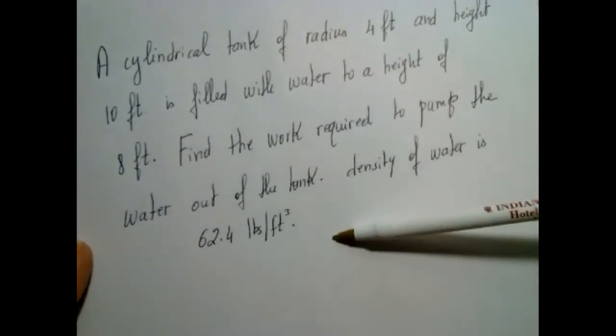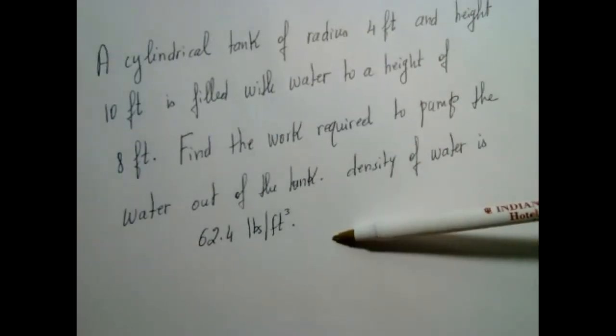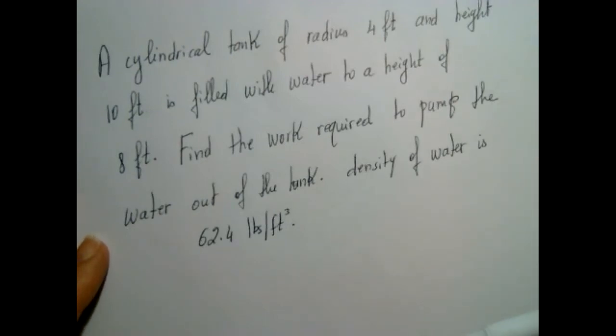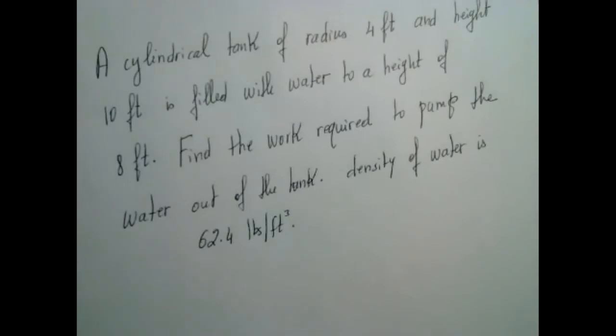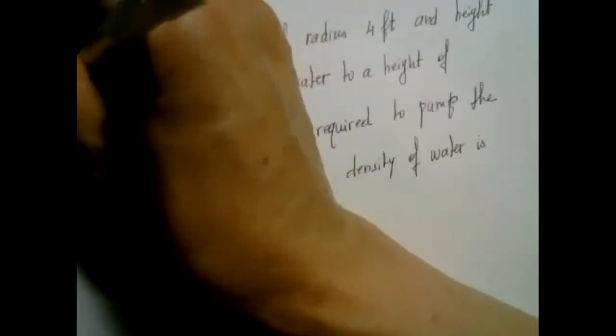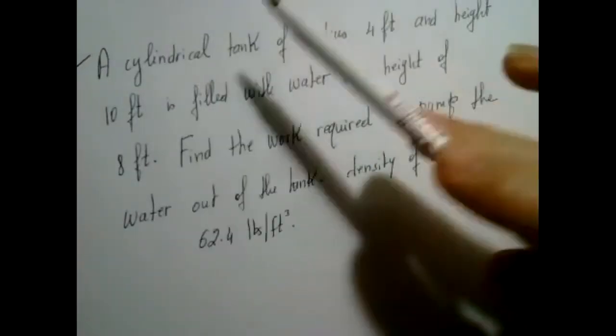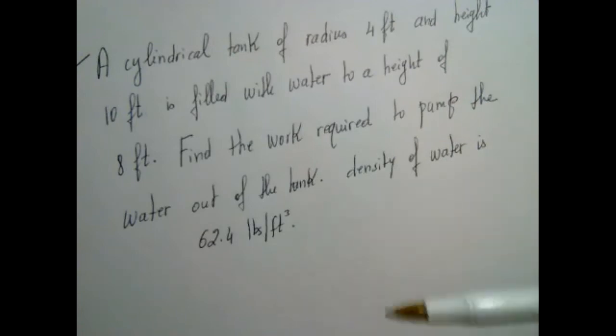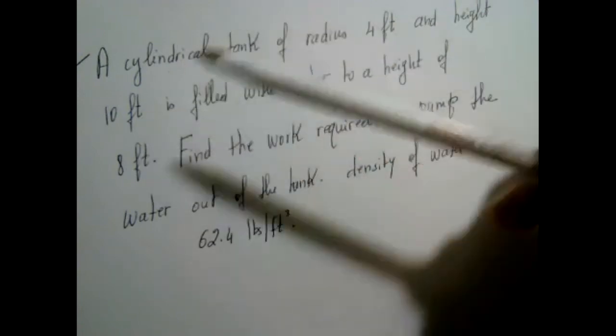So this is a typical work problem where we're pumping water. I will read it and remind you how we proceed with those types of problems. So we have a cylindrical tank. I'm starting with an easy one and then we do a harder one today or tomorrow.